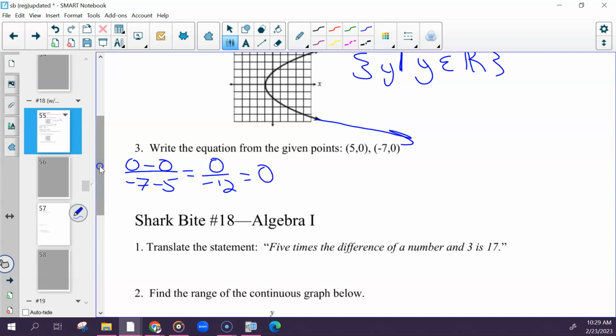And then you have a couple different options. One is with work, one is kind of without work, and I'll show you both. The with work would be taking the slope, picking one of these points, and doing your point slope formula. So y minus 0 equals 0 times x minus 5. But this just becomes y. 0 times anything is what?